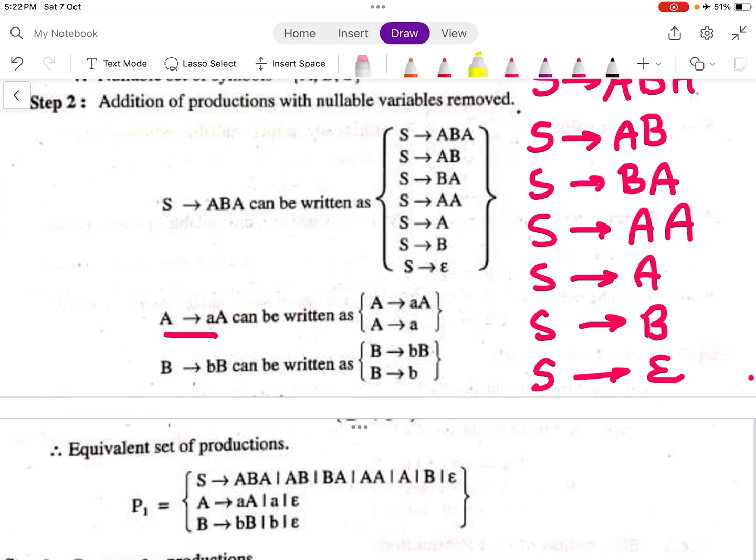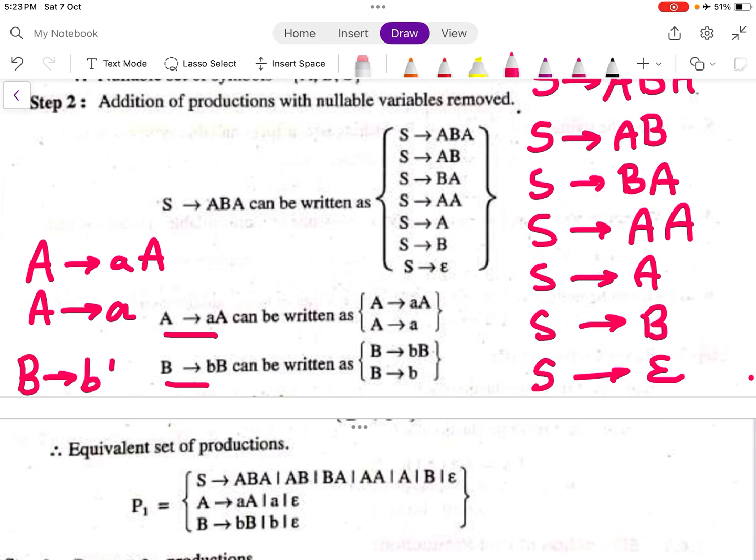So small a and capital A, again you had an epsilon, so you have to create more than one production. So we'll say this can be replaced with small a. B is small b and capital B, and B can be replaced as it was initially. You can also have one more production, because this was with the epsilon, that is small b.